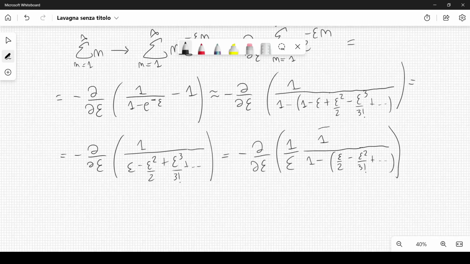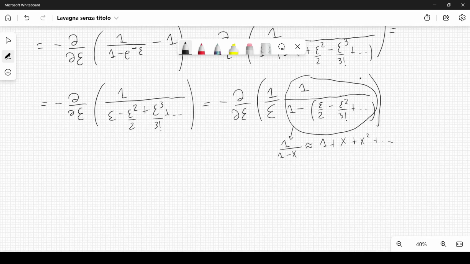And now this term here can be represented as 1 over 1 minus x. This would be approximately equal to 1 plus x plus x squared plus dot dot dot when x is small, right? Therefore, we can write this as minus d over d epsilon, 1 over epsilon, and then, so let me rewrite it like this.